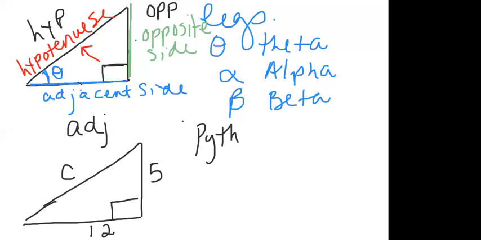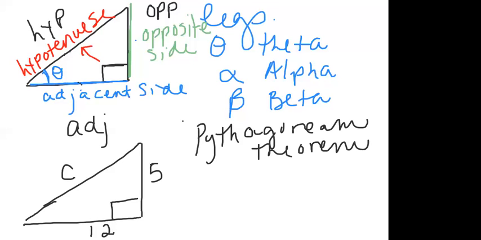Let's write it down. That's what we're going to use to calculate that missing side of the right triangle. And everybody knows the Pythagorean theorem.